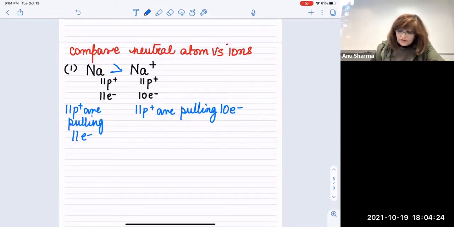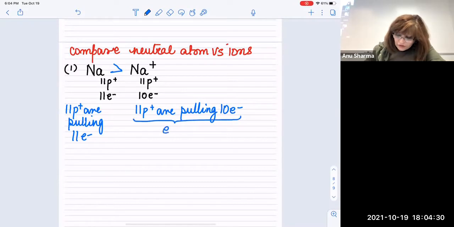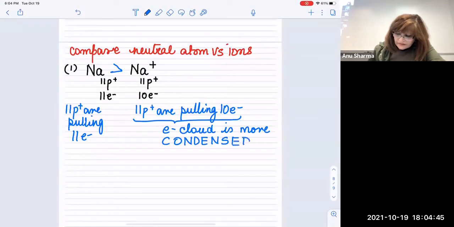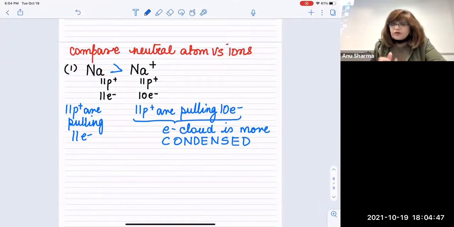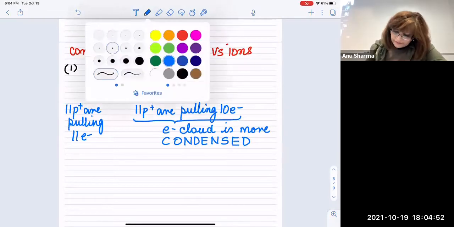Naturally, with one less electron, the electron cloud is more condensed, more squished.